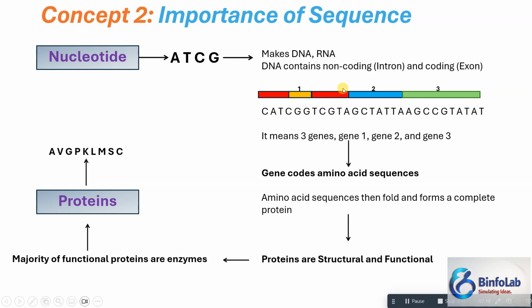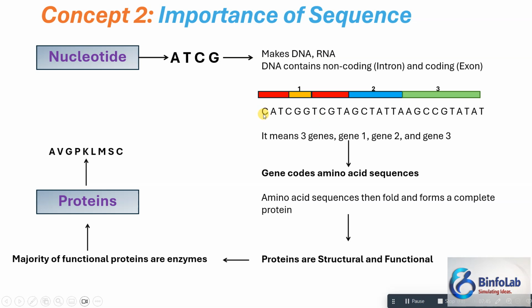Let's suppose this is the DNA strand you assumed in your mind. You can see there are different colors: red, yellow, cyan or light blue, and green. So assume that the red are non-coding, or intron, and these other colors are coding, exon.